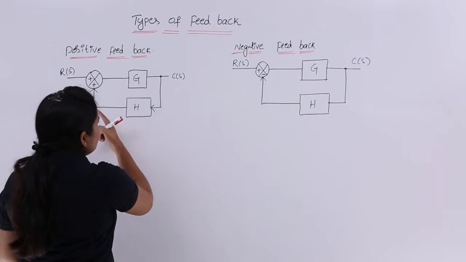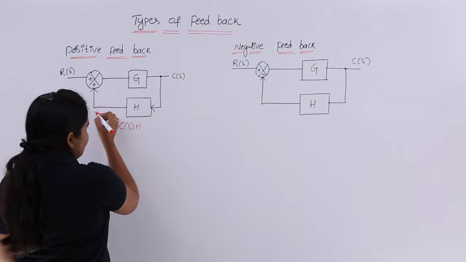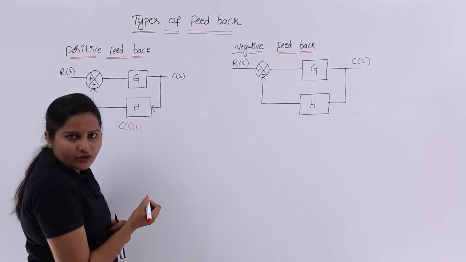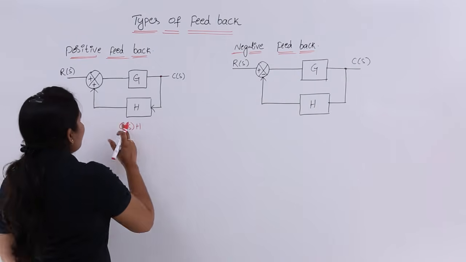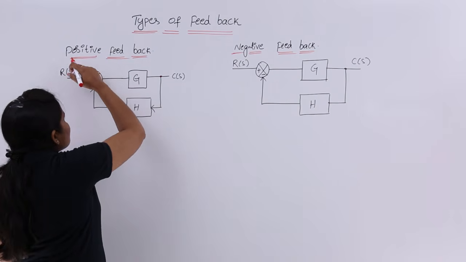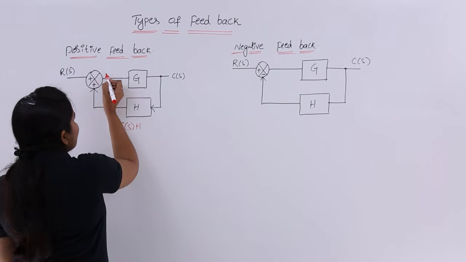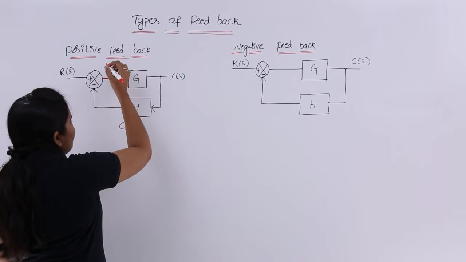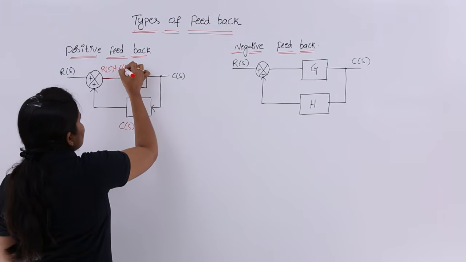So the value in this line is C of S into H. This signal is multiplied with this gain. Now I am going to add R of S with C of S into H. So the resultant value from this line is R of S plus C of S into H.